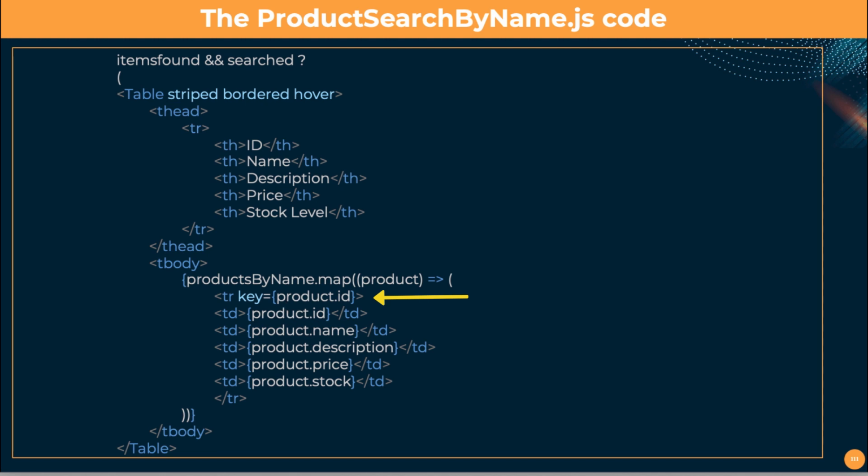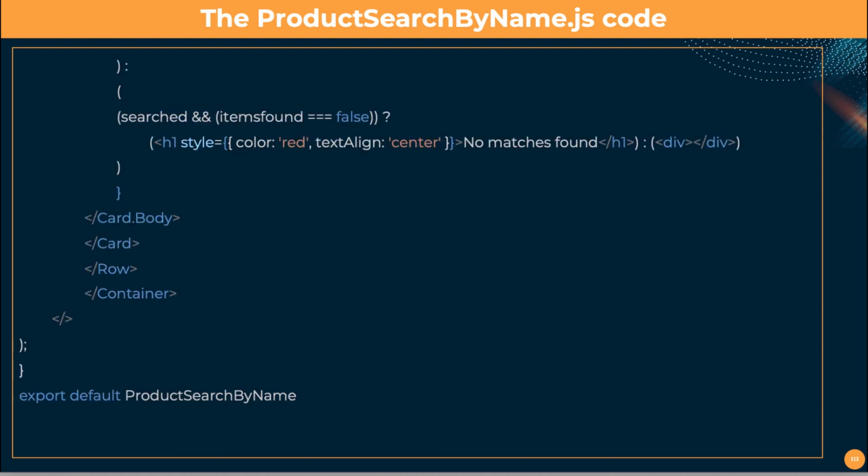Otherwise, if we don't do that, we get an error. If the search is true and the items not found is false, then we simply say no match is found. And all of this is done within a container of some sort to help make the code look better.